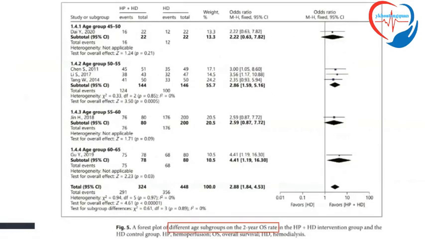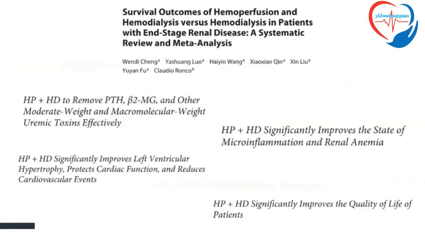In particular, there seems to be a significant advantage in the group over 60 in terms of symptomatic aspects. So concluding this analysis, we were able to basically say that HP plus HD removes the uremia retention products in a much more efficient way.